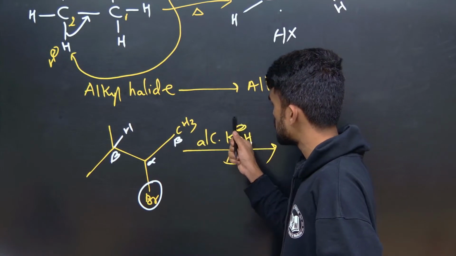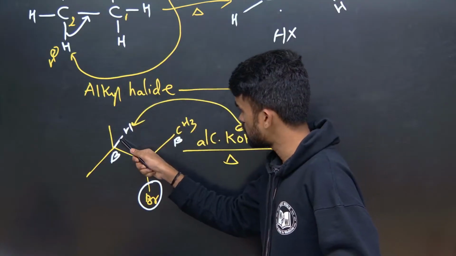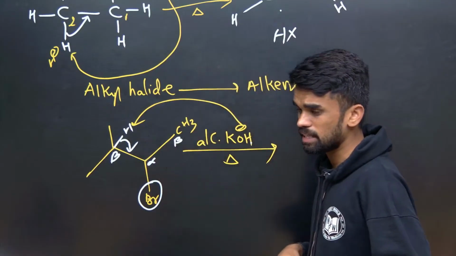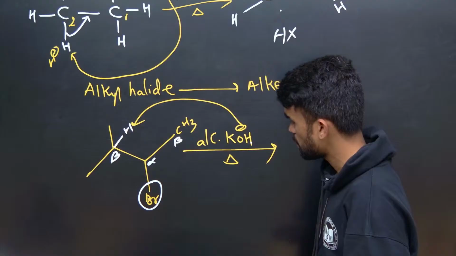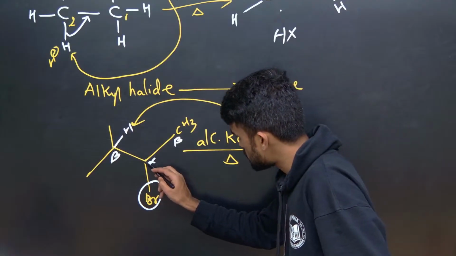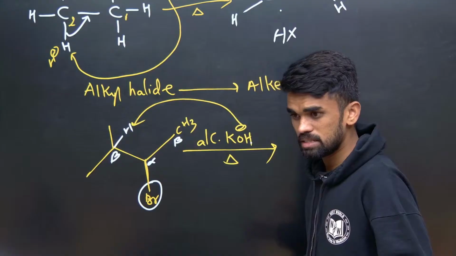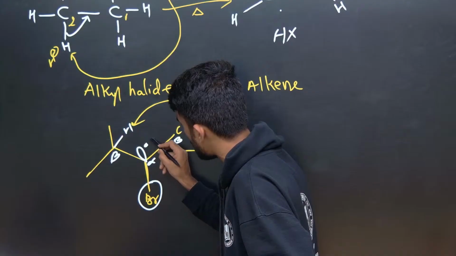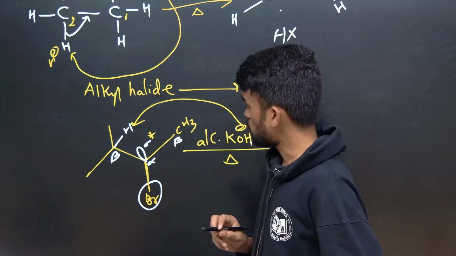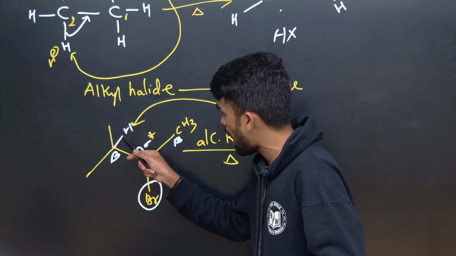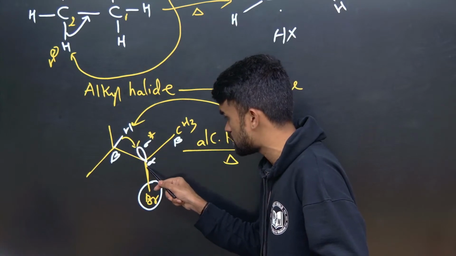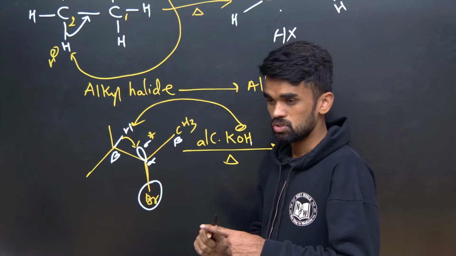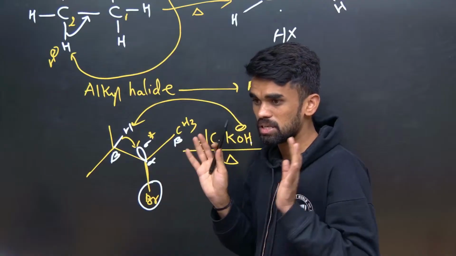This base will abstract a proton from here, and these sigma electrons are donated. Why it is donating like this, you should also understand. This is the sigma bond, which means the bonding molecular orbital. In exactly the opposite direction, we have the anti-bonding orbital. Whenever you fill electrons into the anti-bonding orbital, the electrons in the bonding orbital cancel out each other, so bonding minus anti-bonding becomes 0.